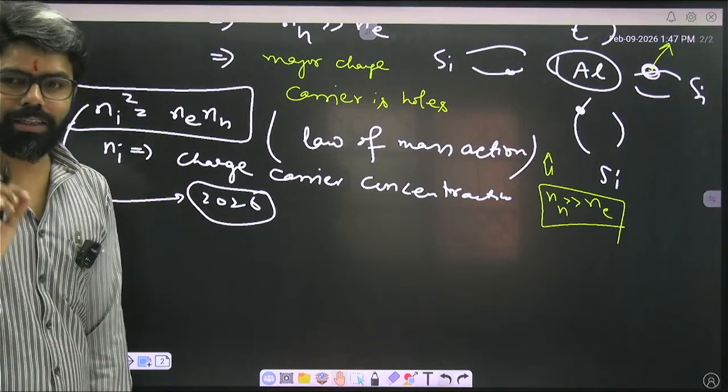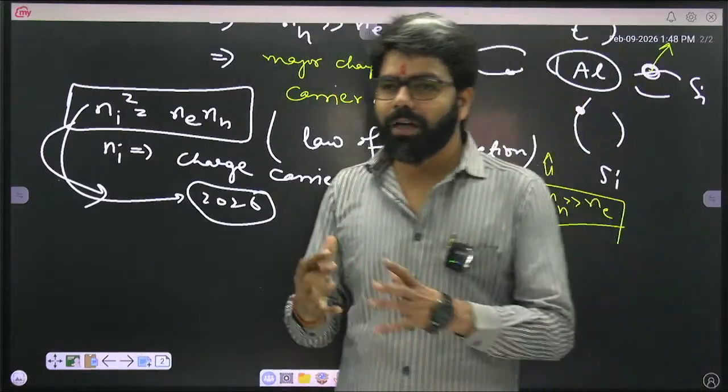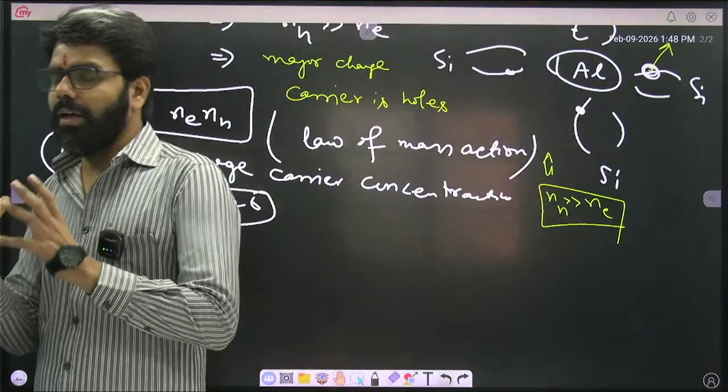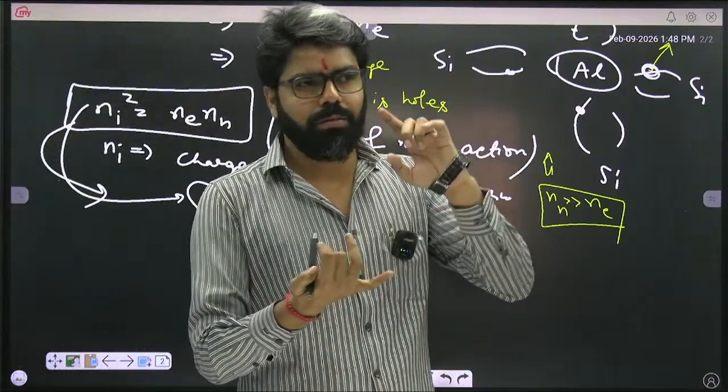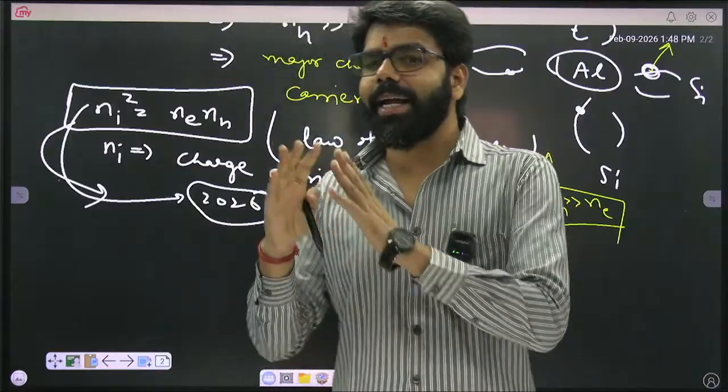Other things you have to mind here: when you dope, we have the number of dopants, the number of donors and the number of acceptors, Na and Nd.